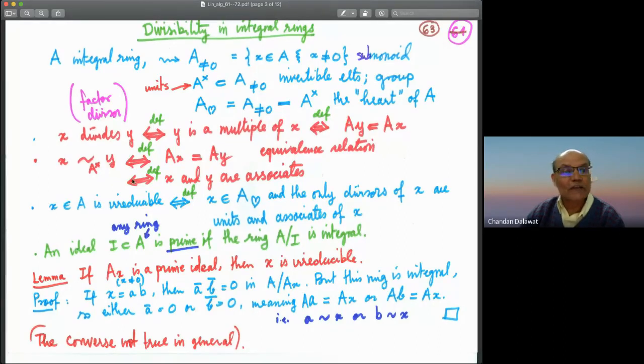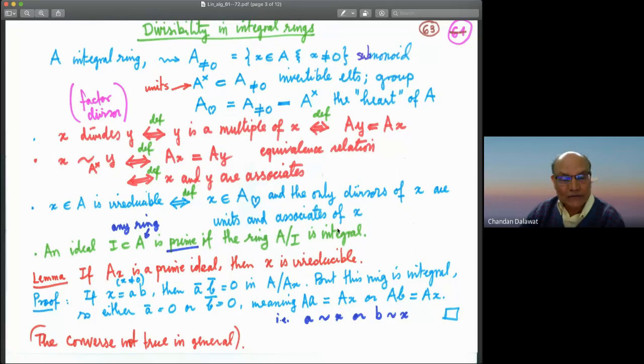Of course, every unit is a divisor of every element, because the unit generates the unit ideal. The unit ideal is the whole ring, and every ideal is contained in that unit ideal. So a unit is another name for an invertible element. A unit always divides every element of the ring.